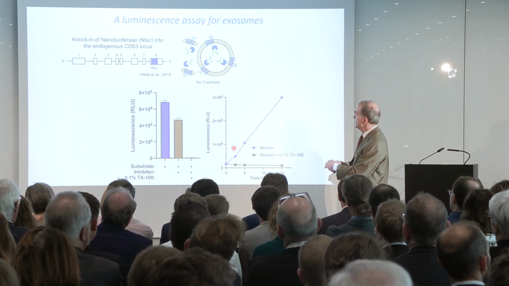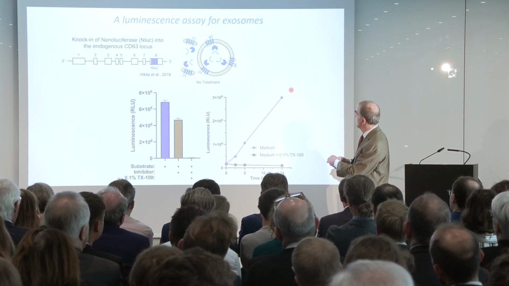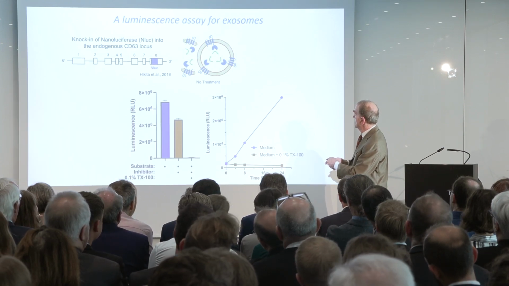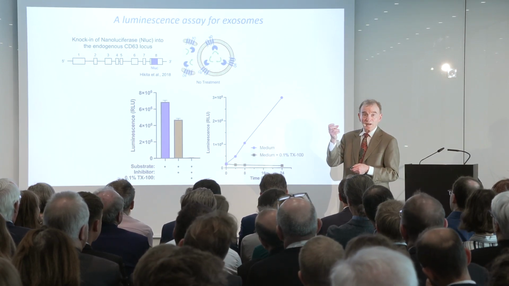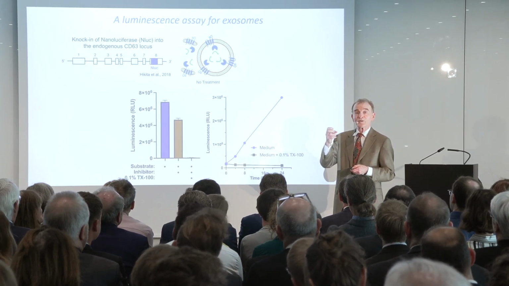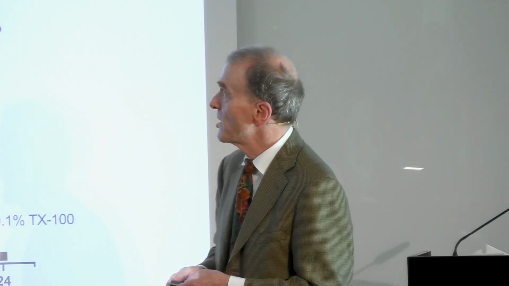So applying this assay with these two molecules, you can see a linear time course of production of extracellular vesicles as diagnosed here. And since we're marking CD63, we're in this case looking specifically at exosomes, and this will become important in a moment.